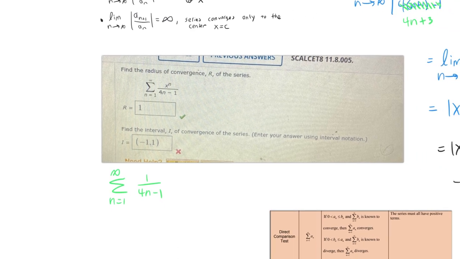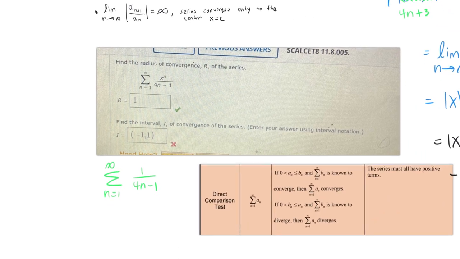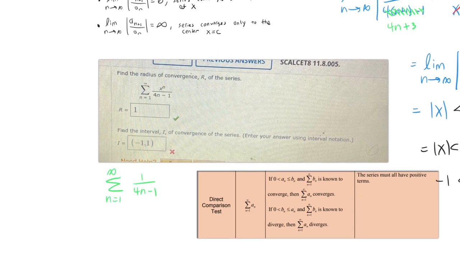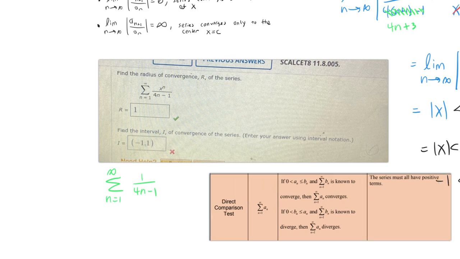So this is where the direct comparison test could come in to help us. What we could do is figure out another expression, in this case one that is slightly smaller than this one.